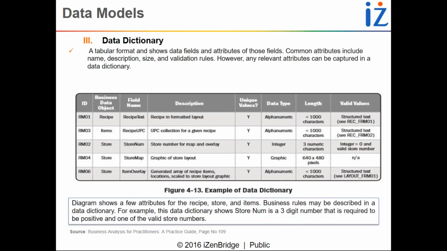Data dictionary: here we see a data element in detail, information like what the ID, field description, data type, and valid values are. This kind of information helps programmers to code things correctly, because it gives them correct information and the validation rules which need to be applied.